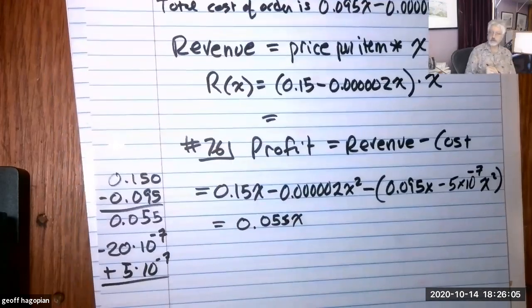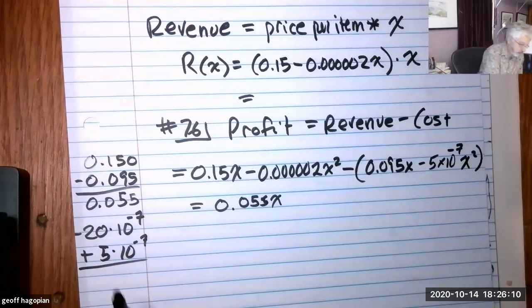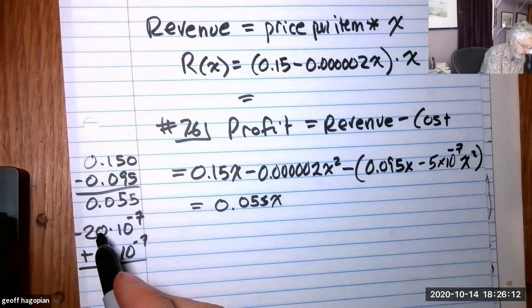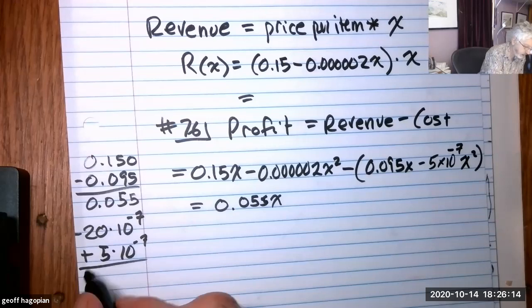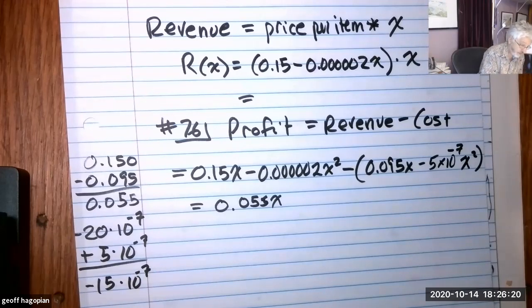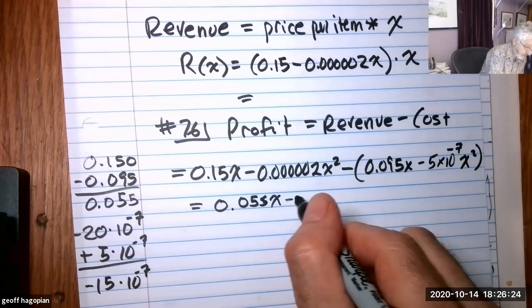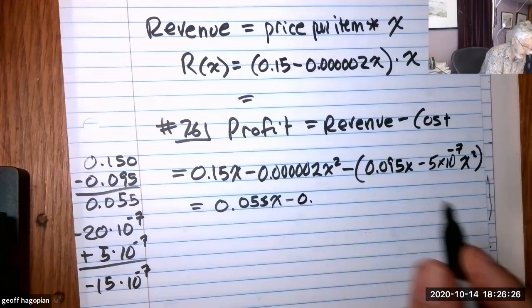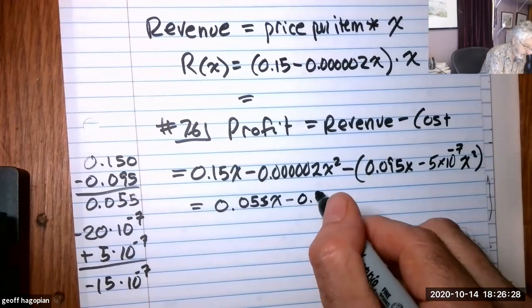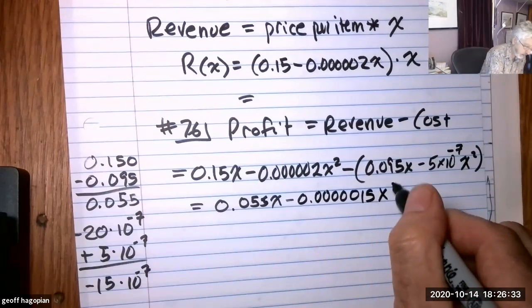It turns out this is more of an arithmetic problem than anything else. So that's going to be negative 15 times 10 to the negative seventh. If you wanted to write that in terms of decimals, you'd write 0.0000015 x squared.